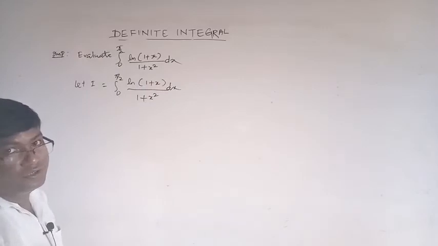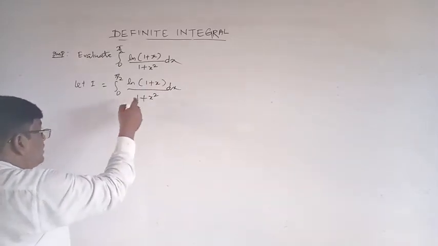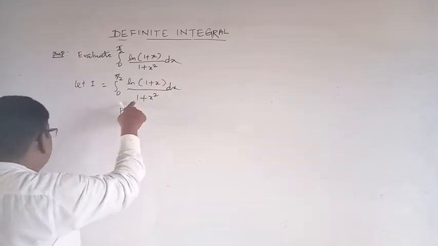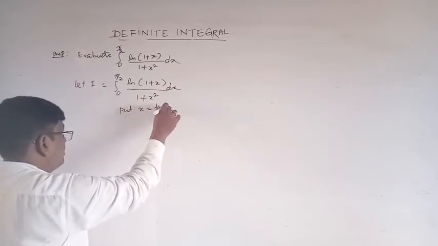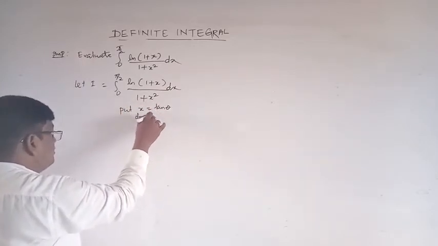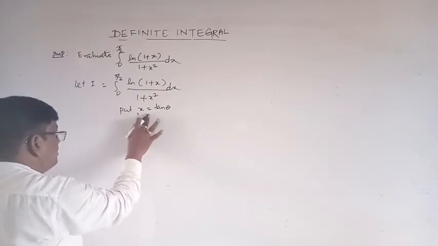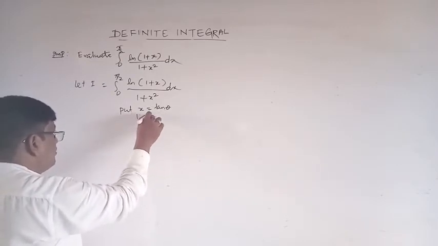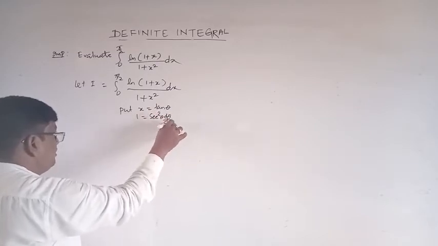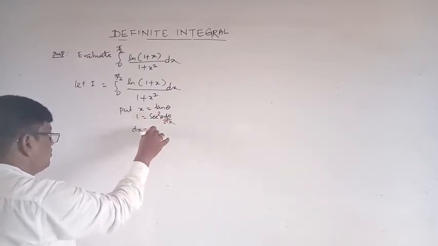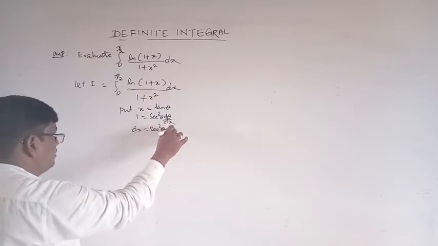Okay, so put x is equal to tan theta, because it is in the form of a square plus x square. Put x is equal to tan theta, dx is equal to dx, that is 1 is equal to sec square theta into d theta by dx. So dx is equal to sec square theta into d theta.